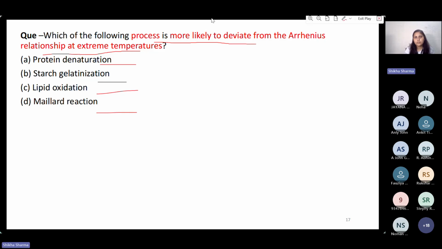When we have this Arrhenius relation at extreme temperatures, maybe very low or very high temperature, which reaction is going to deviate? Protein denaturation. Okay.